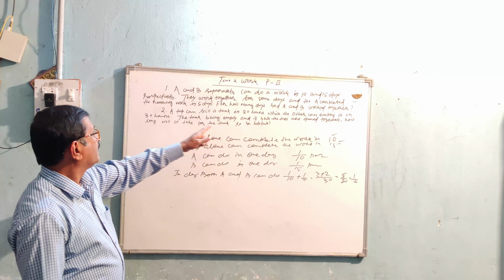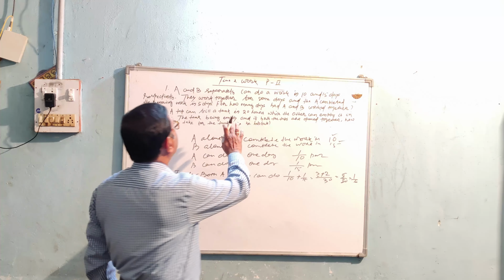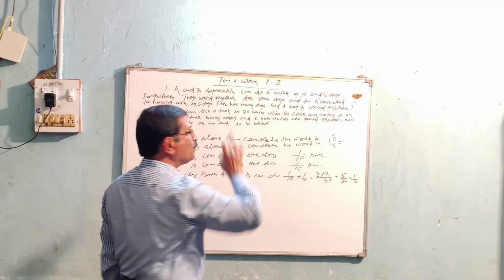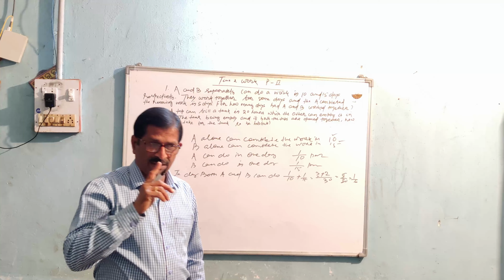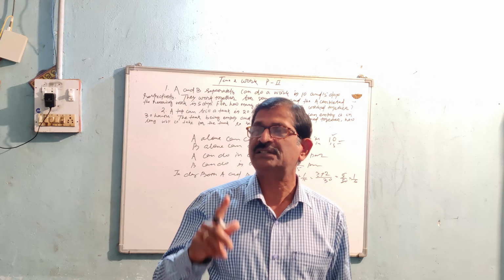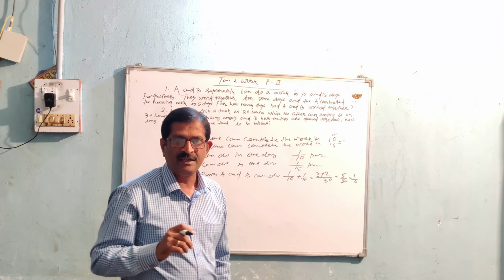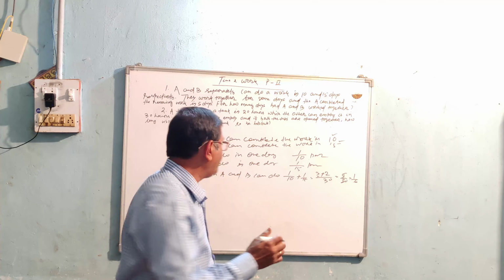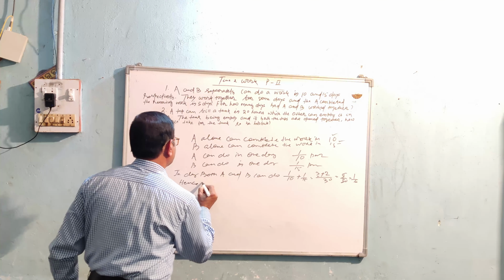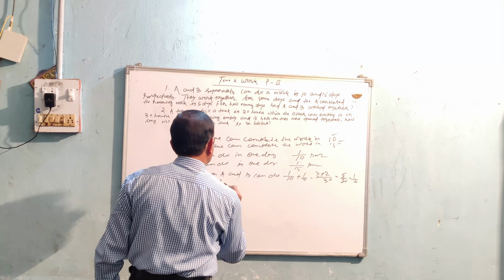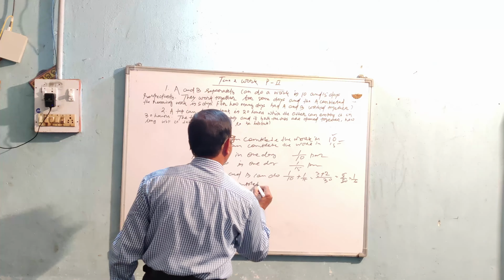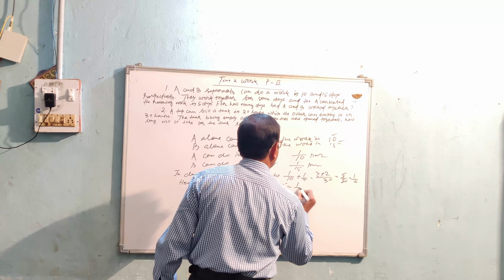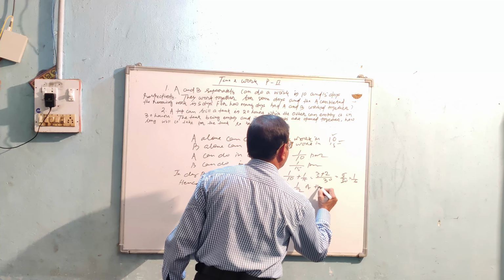And it is given that A alone completed the remaining work in 5 days. If A's capacity per day is 1/10, then in 5 days A has completed 1/10 into 5, that is 1/2 of the work.